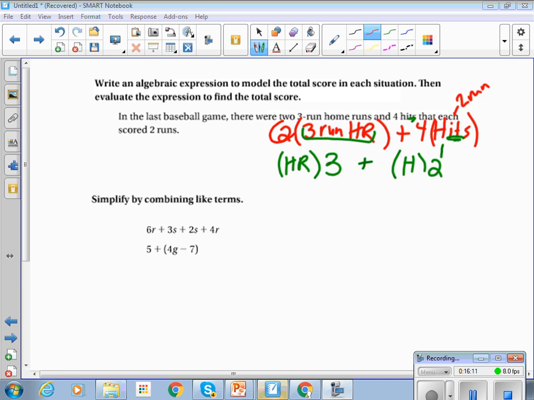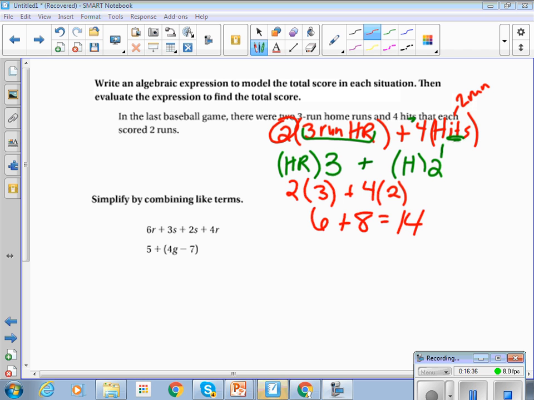So now I'm going to substitute in, I got 2 3-run home runs and 4 2-run hits, or 4 hits that each scored 2 runs. So 4 2-run hits. So that is 6 plus 8.